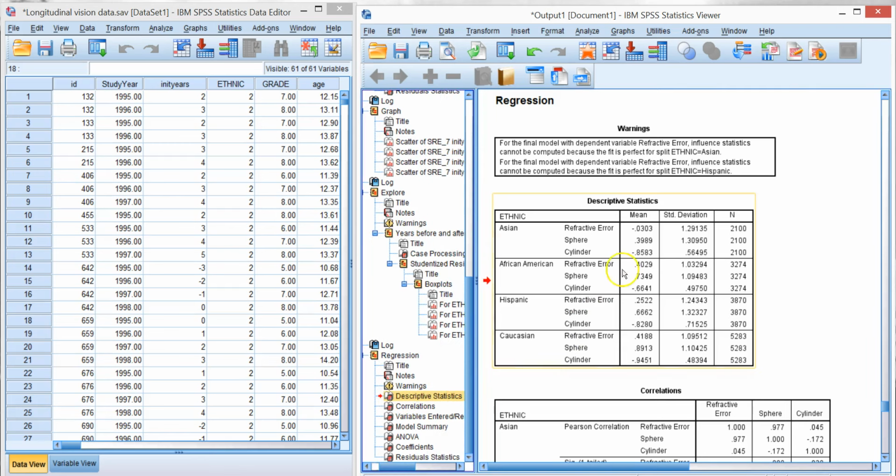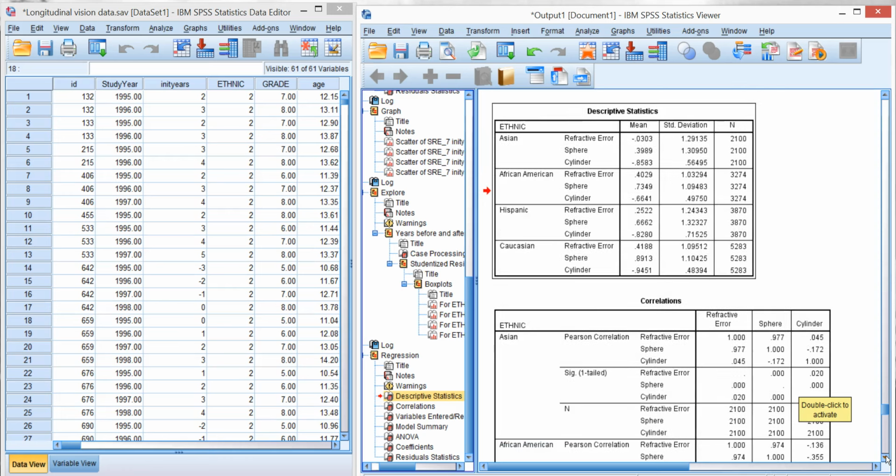So let's look at our descriptive statistics. We have for the 4 groups the mean refractive error, the mean sphere, the mean cylinder, and so forth. We have correlations. Sphere is correlated at 0.97 with refractive error.